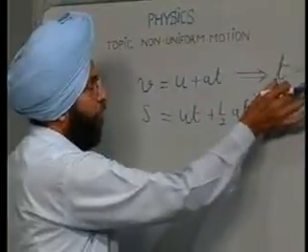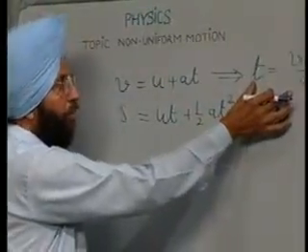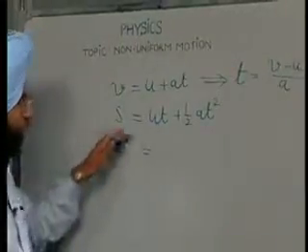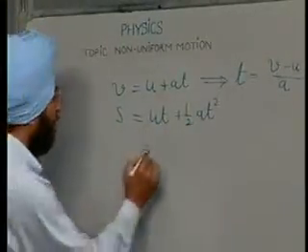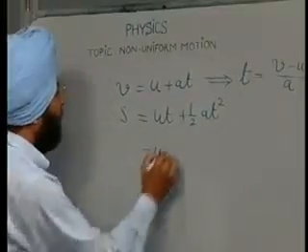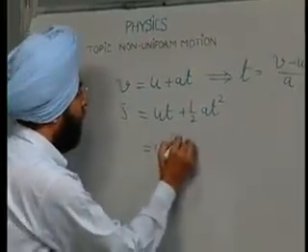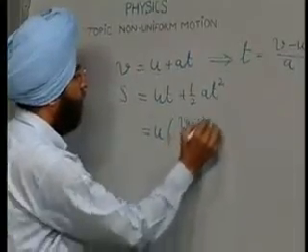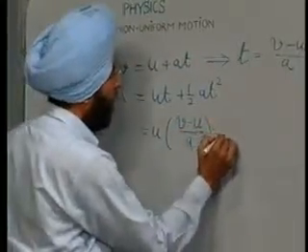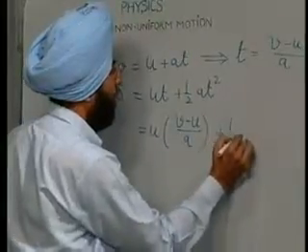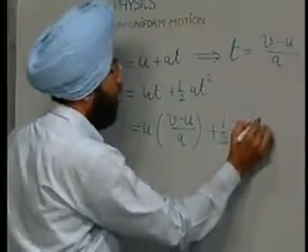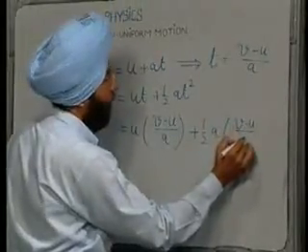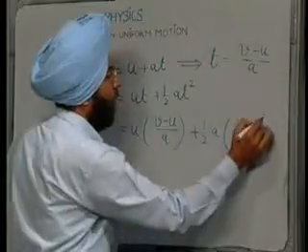For that purpose, we find the value of t from one equation and substitute this in s is equal to u t plus half a t square. u into t, t is v minus u over a, plus half a into v minus u over a whole square.